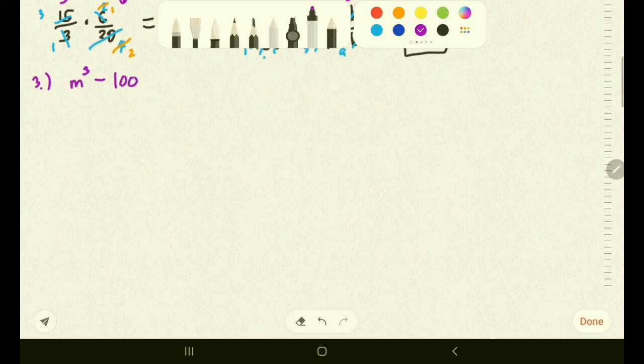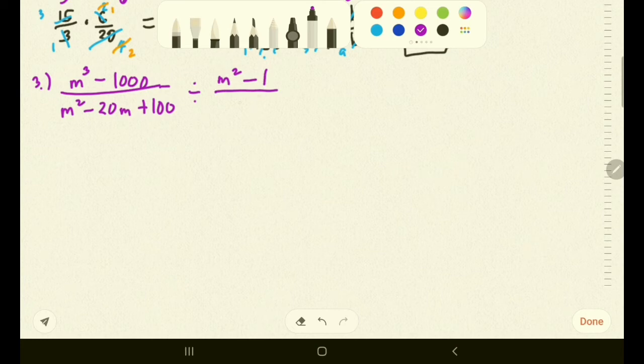Example 3: m cubed minus 1000 over m squared minus 20m plus 100, divided by m squared minus 1 over m squared minus 9m minus 10. First, you express it into multiplication.